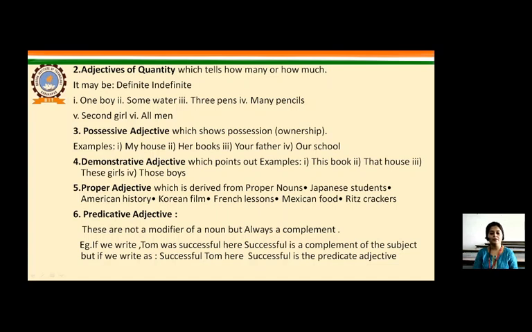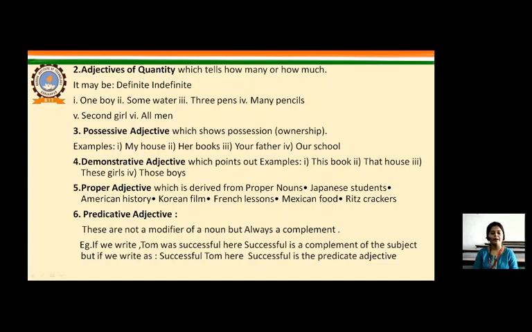Here successful is a complement of the subject. Maybe there is a question like what was the result of the fight, and the answer is Tom was successful. So here you are telling about Tom's result and completing this sentence in the predicate. This adjective is called a predicative adjective because the adjective is being used in the predicate.